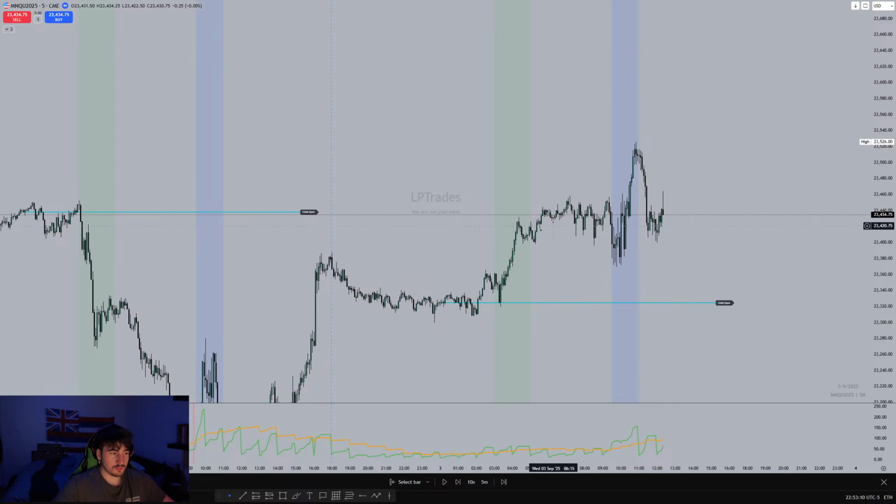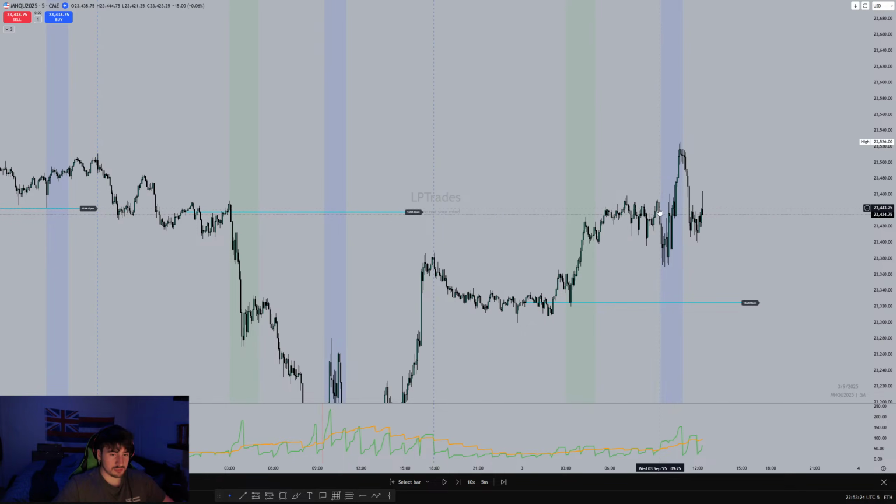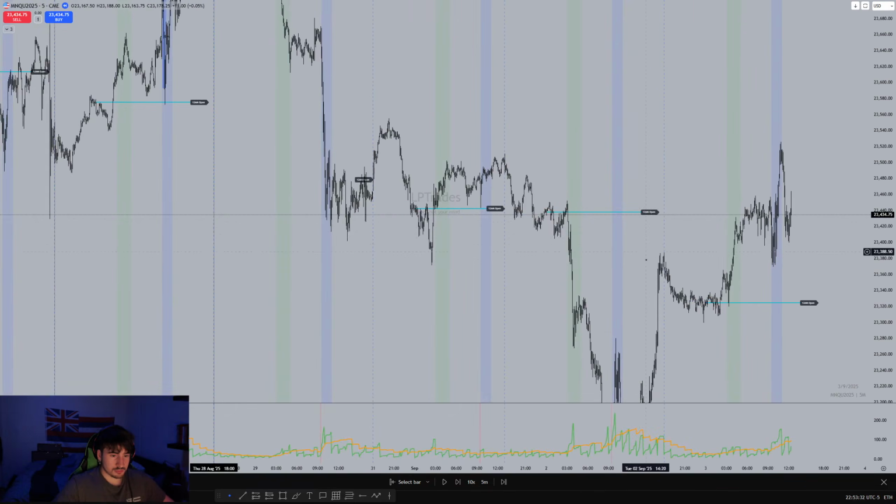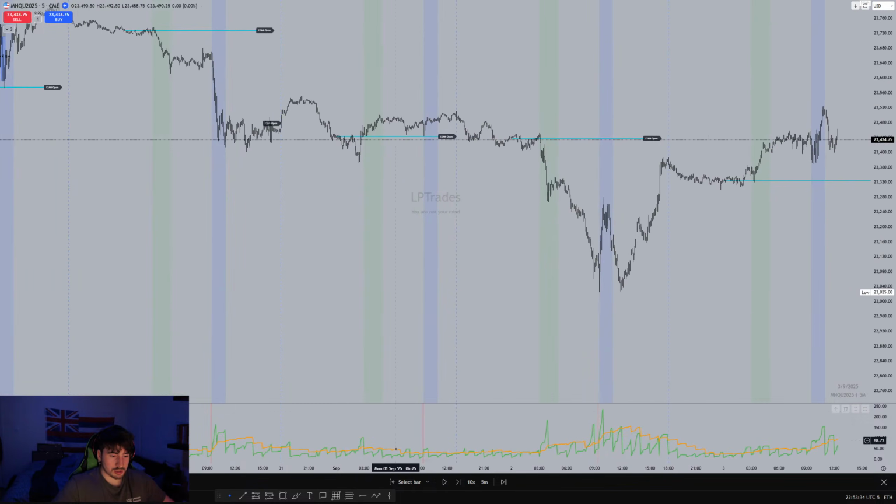Even though we took liquidity earlier in the morning, like the previous day high gets taken out at 7 a.m., then we come back lower, then we maybe just chop around. So I wouldn't be comfortable doing anything here. I need to see another clean sweep above some highs, and then I would want to go short. So again, no trade there.